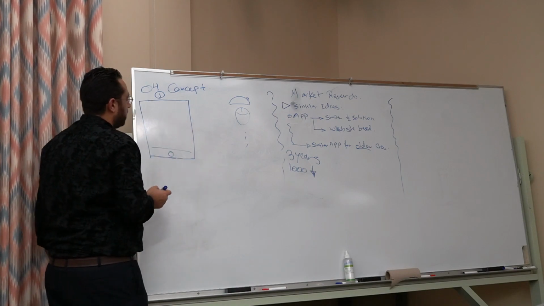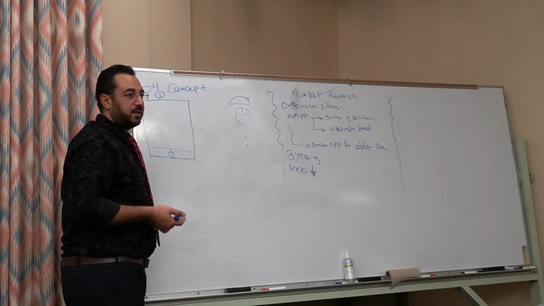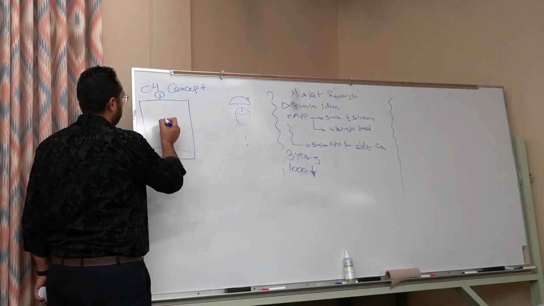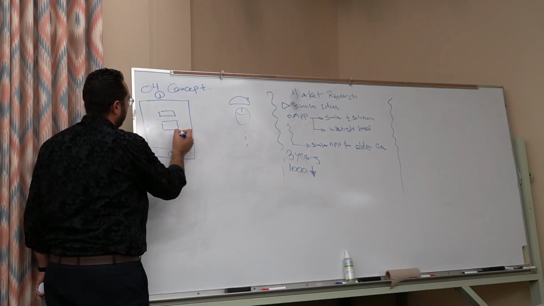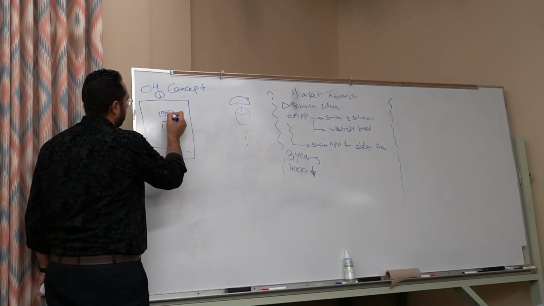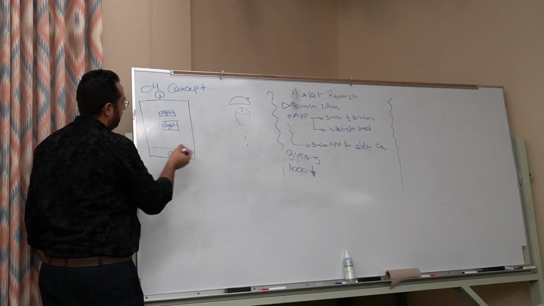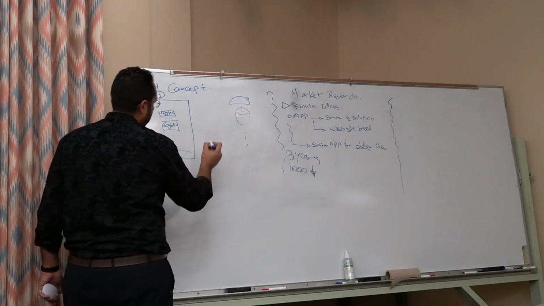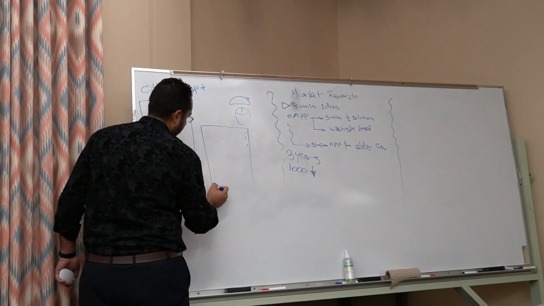Now inside the screen, to serve the purpose of your app, you've got to start to develop the concept. Help me here. So first you need maybe login and registration, right? So login, exactly how you see the buttons on your phone. Then you would say, okay, the second screen would be, now I logged in or I registered.